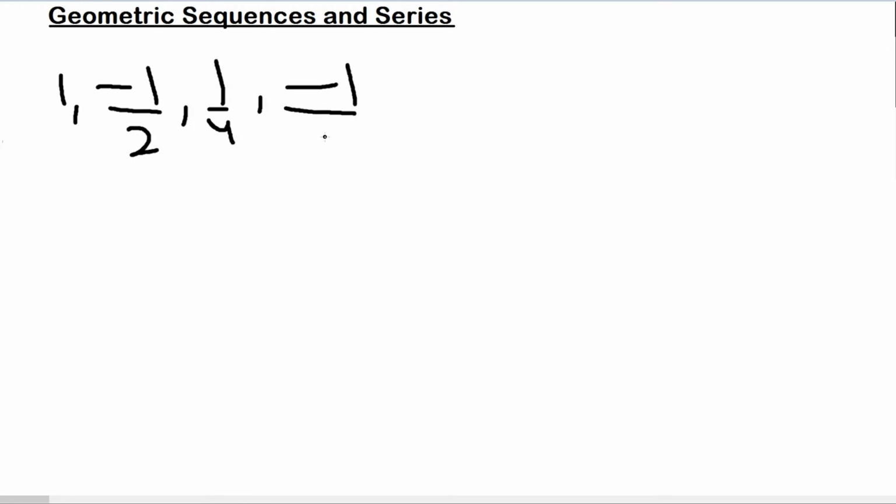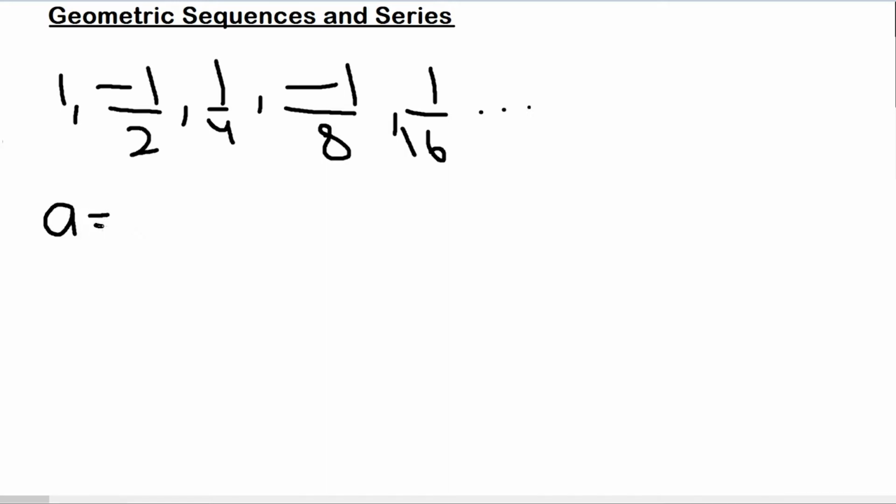Find the 11th term in the sequence 1, negative 1 over 2, 1 over 4, negative 1 over 8, 1 over 16, and so on.